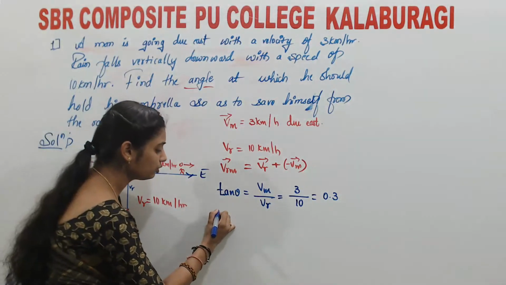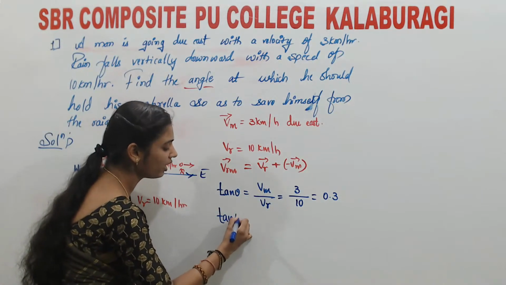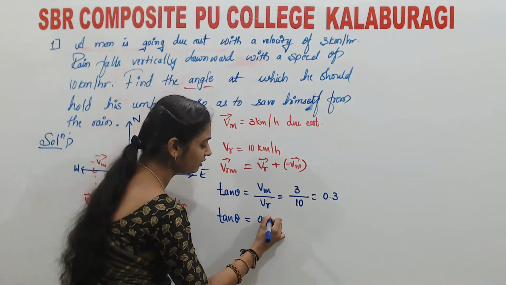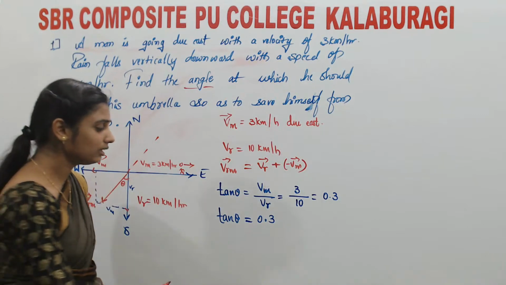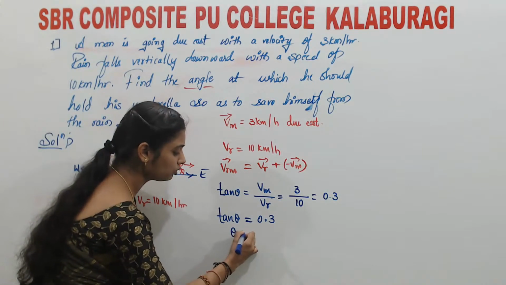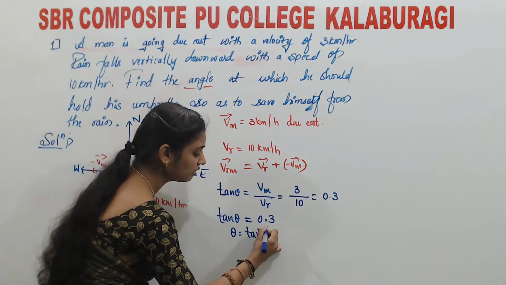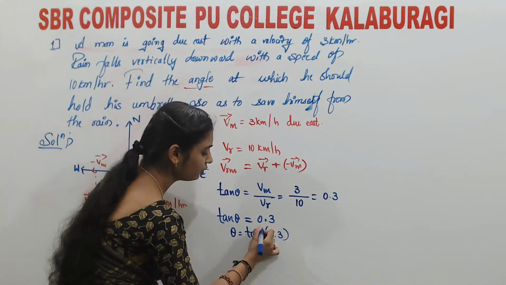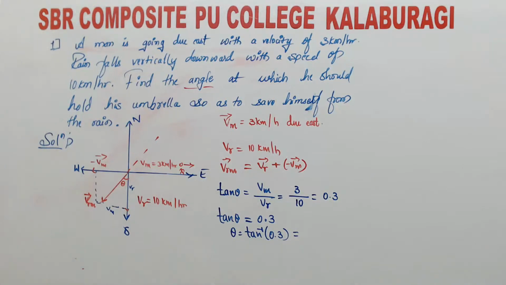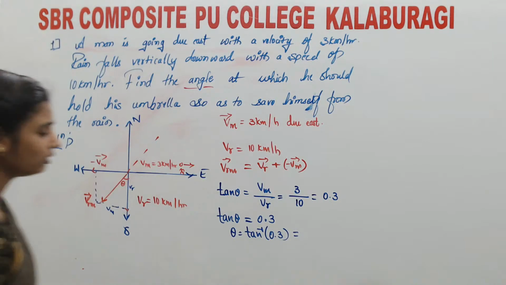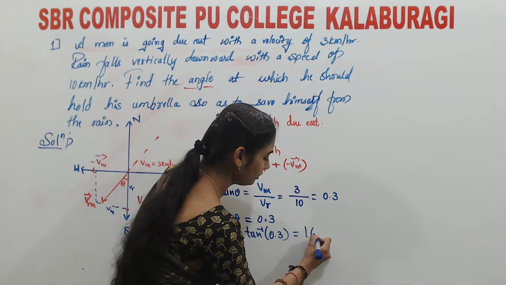Tan theta is equal to, yes, take out the log table and find out the value. Tan theta equals 0.3 means what is the value of theta? So theta is equal to tan inverse of 0.3, and if you find out the exact value, I can imagine that you are perfect with the logarithm table.